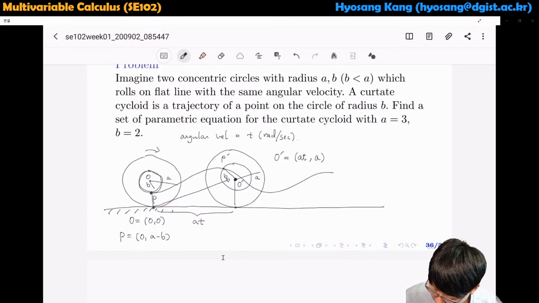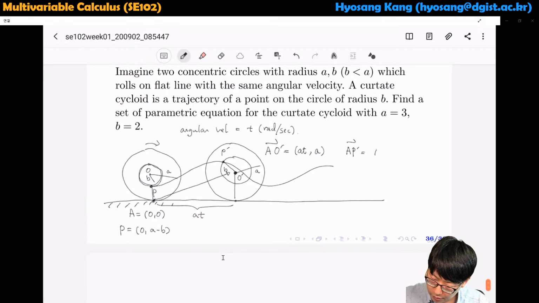Sorry, this should be a here. So that's the vector from O to O prime. I want to find the position vector from O to P prime. O to P prime is equal to O to O prime plus O prime to P prime.